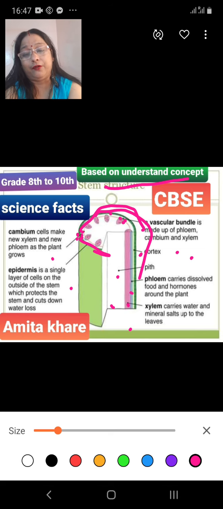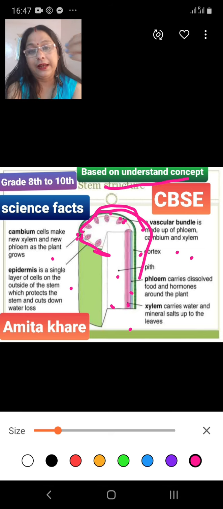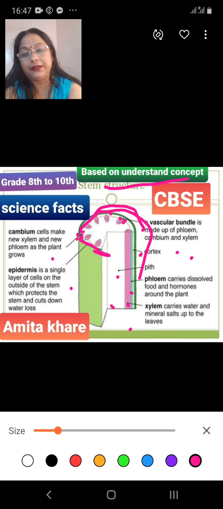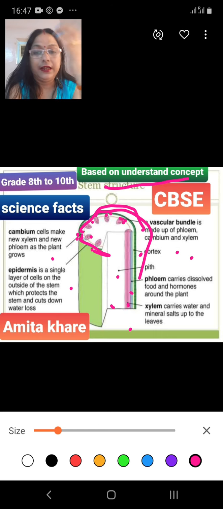You can see this bundle-like structure on your screen, like flower petals. The vascular bundle is made up of phloem, cambium, and xylem. Keep that in mind. How can we define the vascular bundle? It is made up of phloem, cambium, and xylem.